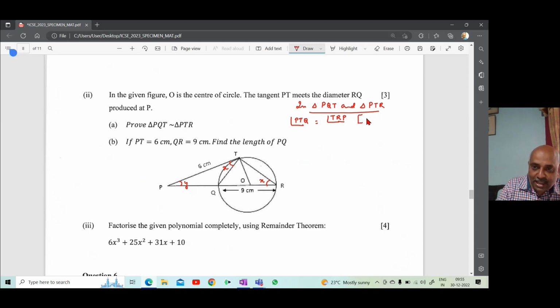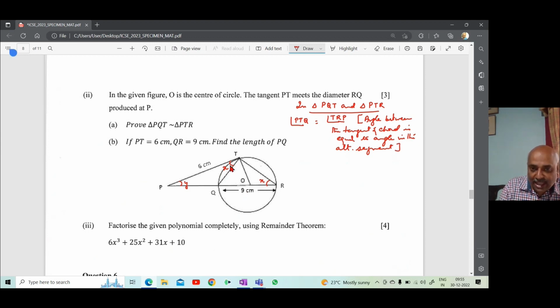The reason is the angle between the tangent and chord is equal to the angle in the alternate segment.